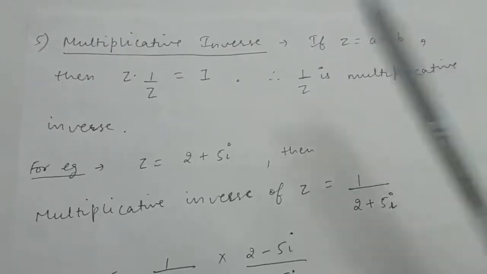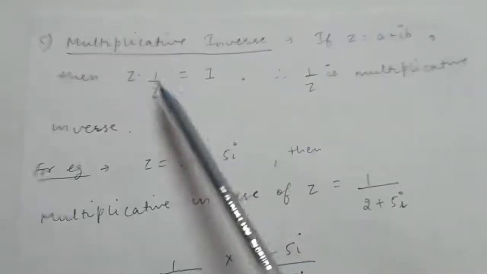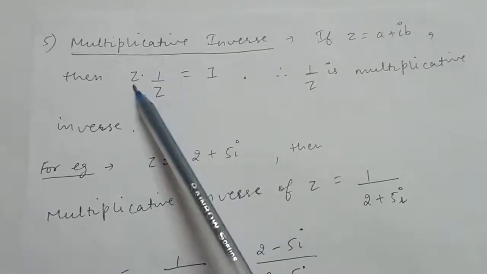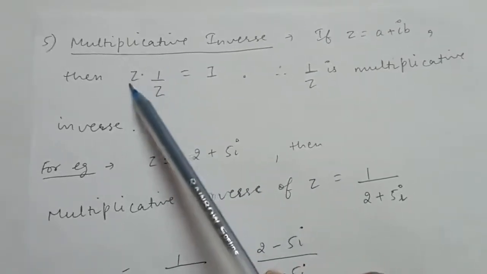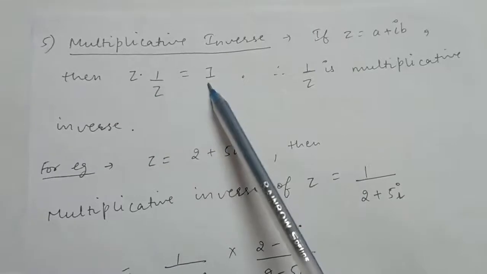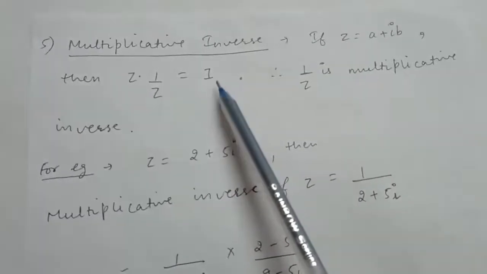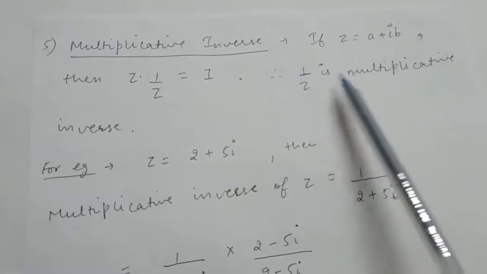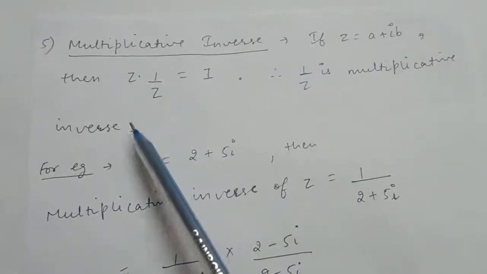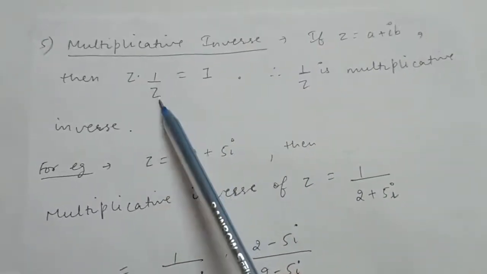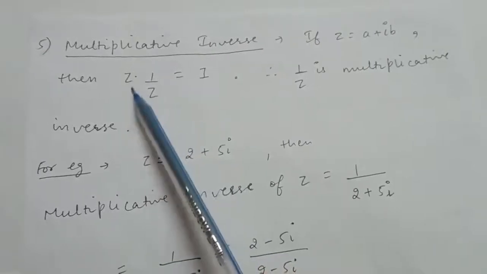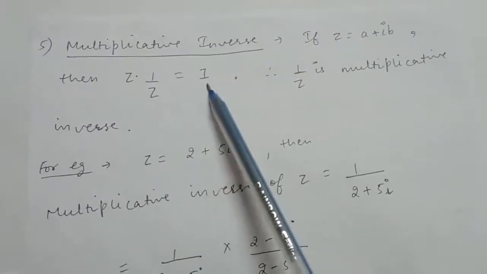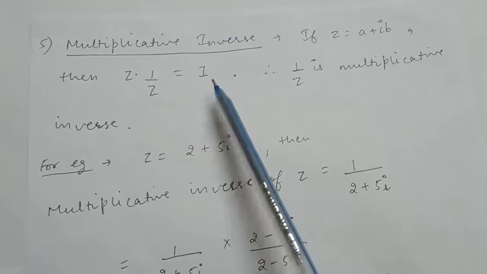So multiplicative inverse is basically that number which, when multiplied with the given complex number, gives the multiplicative identity. So if z is any complex number, then 1 by z is the multiplicative inverse, because when we multiply 1 by z with z, then you will get 1, which is the multiplicative identity, right?